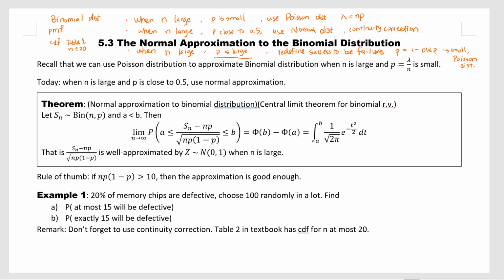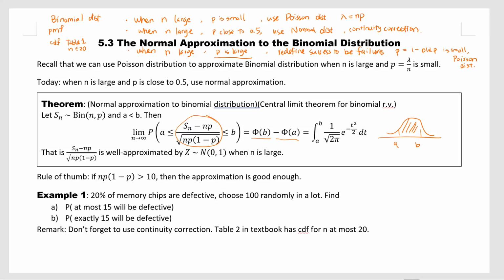Then the limit of the probability that Sn lies in the range of A and B, as n goes to infinity, is given by the CDF of the standard normal distribution, Phi(B) minus Phi(A). This is a picture of it: we have A and B, and you can compute the area between A and B, which is the probability under the normal distribution.